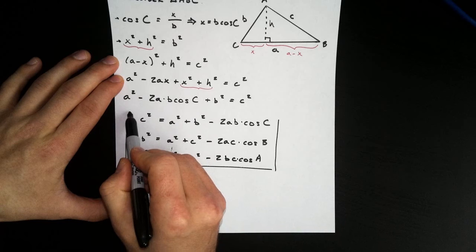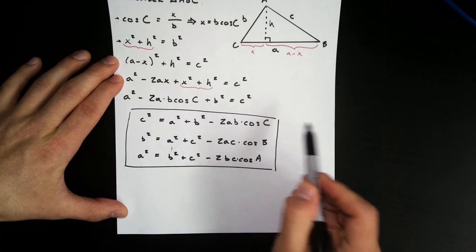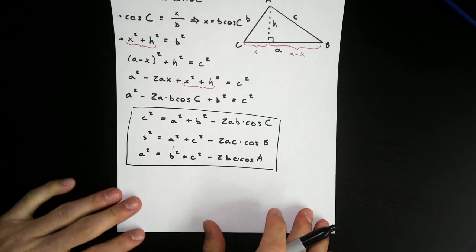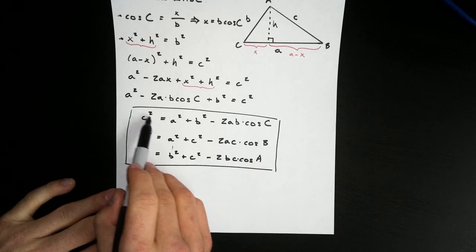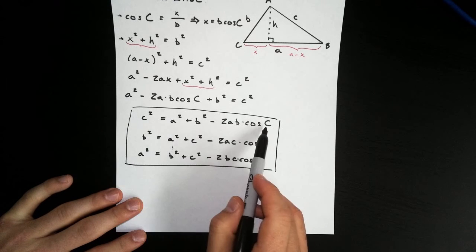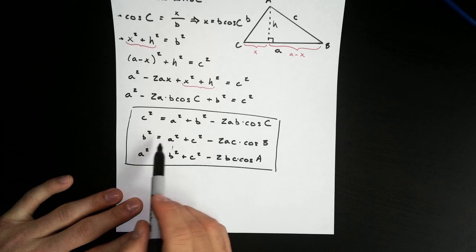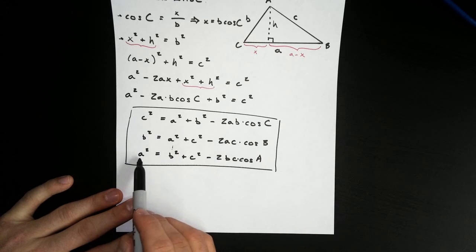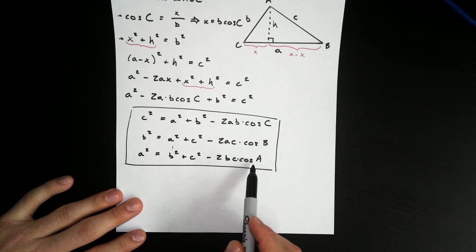It is important to note that you don't need all three. They're just listing off the different possibilities. But if you look at the way the variables are, here's side length c, that matches up with angle c. Side length b, angle b. Side length a, angle a.